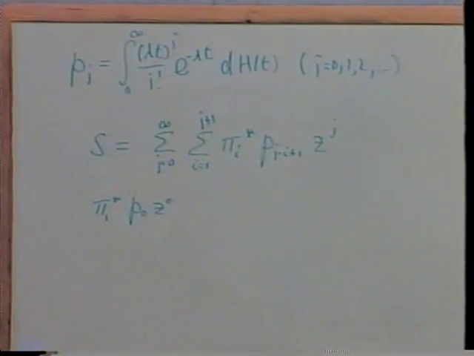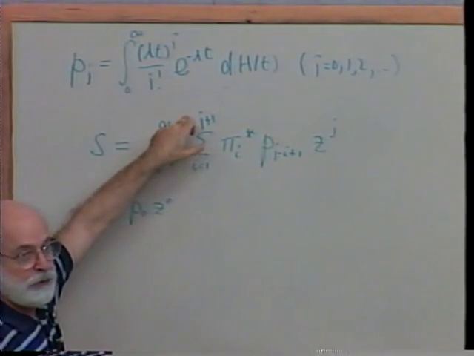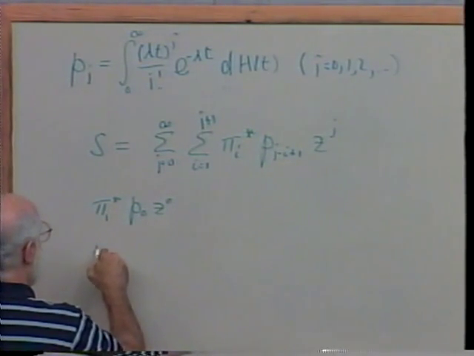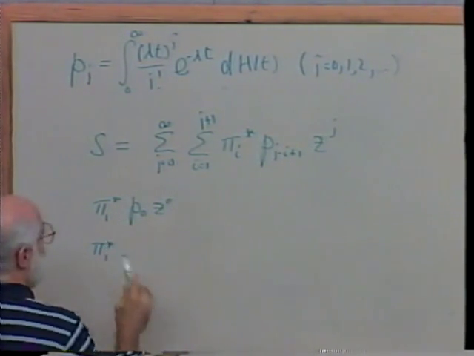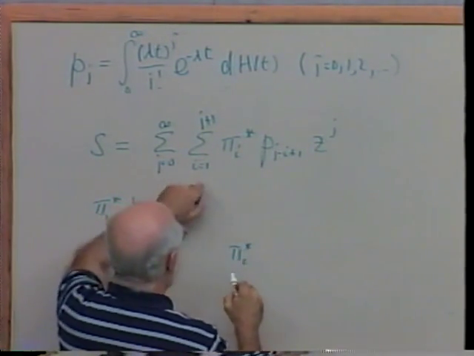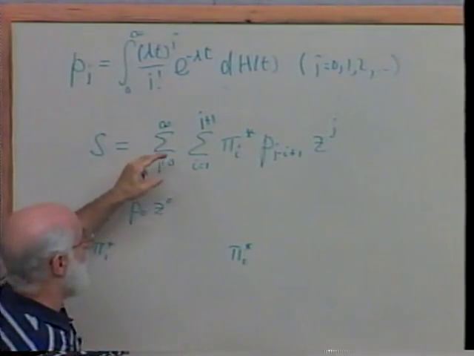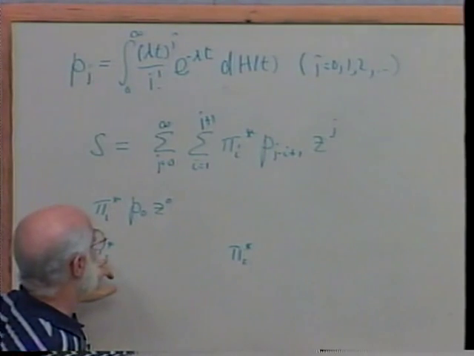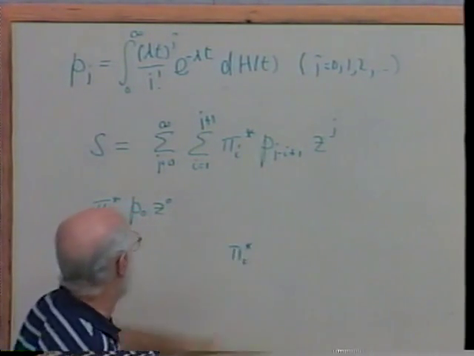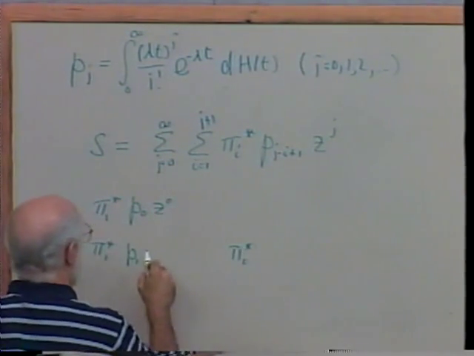Now when j is equal to 1, then we're going to have the sum as i runs from 1 to 2. So the first term is going to have pi 1 star in it, and the second term is going to have pi 2 star in it, because i is running from 1 to 2. Now, when j is equal to 1 and i is equal to 1, then this becomes p1, and this becomes z to the 1.